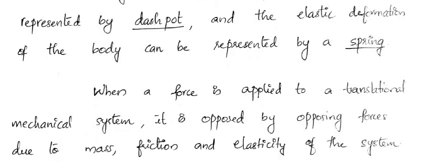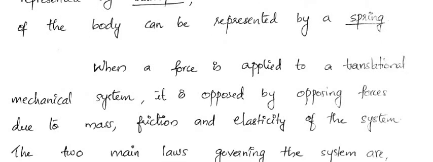And the second important principle or law is known as D'Alembert's principle, which states that the sum of applied forces is equal to the sum of opposing forces. Or in another sense, we can say that the total force acting on a body is zero.